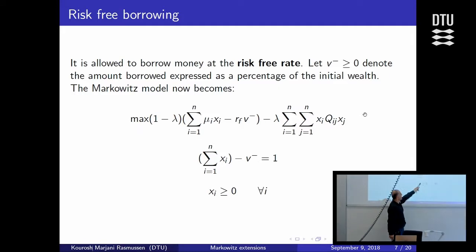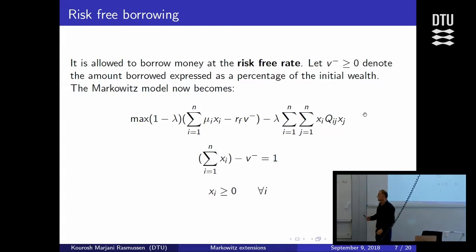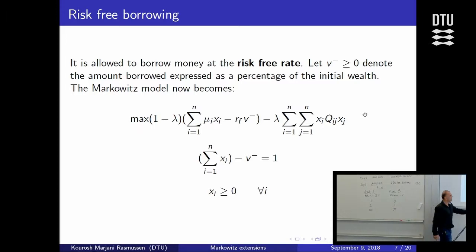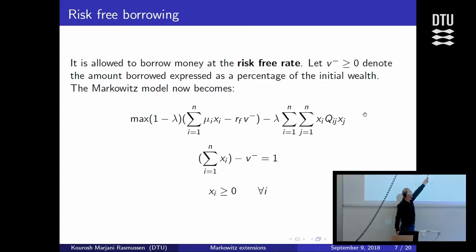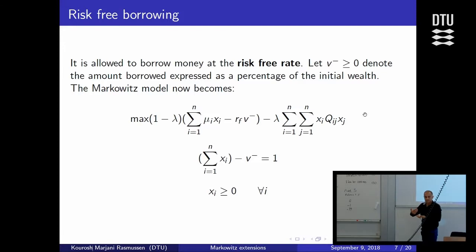For example, if I want to allow a leveraging factor of 2, I say my sum of x's could be 2. That means that V minus should be less than or equal to 1, right? If I put a limit of 1 on V minus, it shouldn't be greater than 1, which means that I don't want to allow leveraging of more than a factor of 2, right?